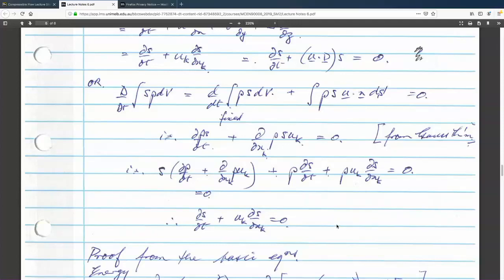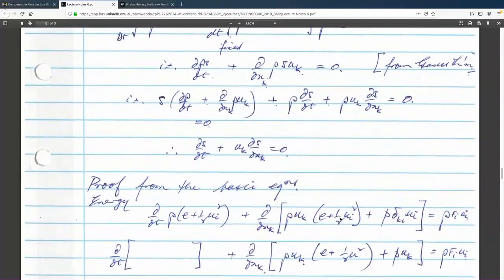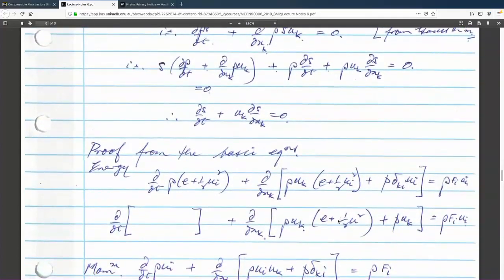Now I want to prove to you that that also follows from our basic equations. And this is a bit elaborate, so I hope you can follow it. So I'm going to write down the energy equation.